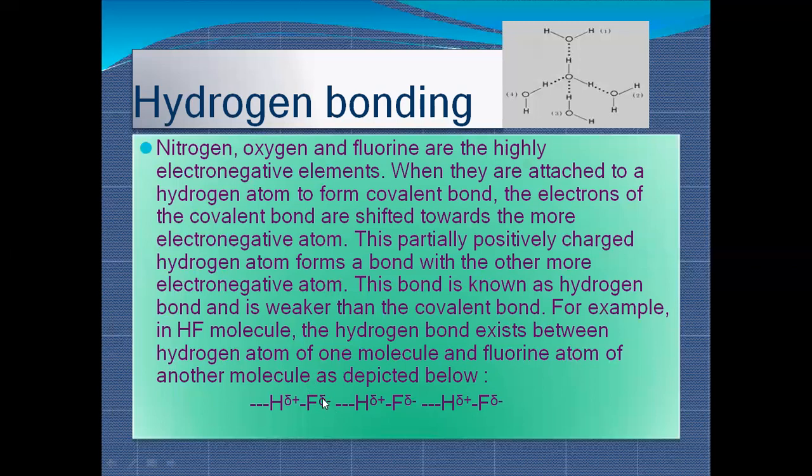Partial negative means this delta sign shows partial, and because of the electron shift towards the fluorine, a partial positive charge develops on the hydrogen, and these two charges attract each other. That means the partial negative charge of fluorine will attract the hydrogen of another molecule towards itself, and together they form a weak bond that is known as hydrogen bonding.